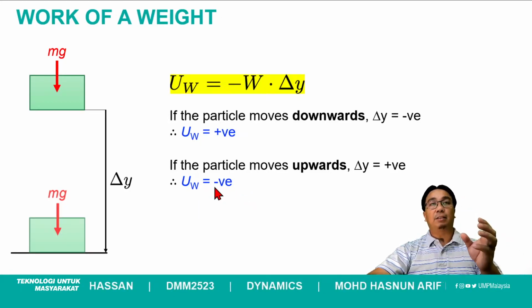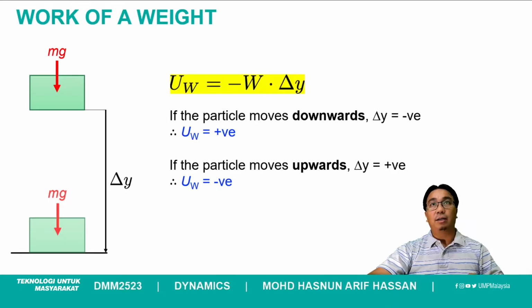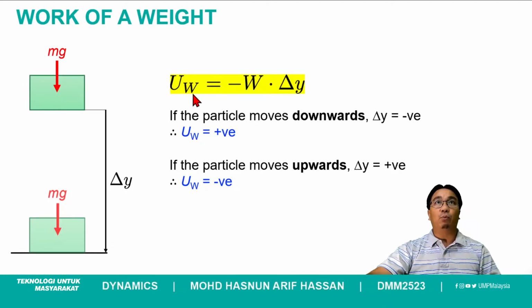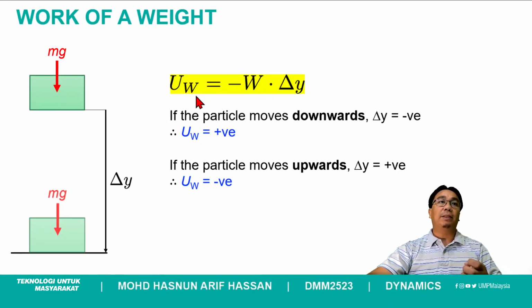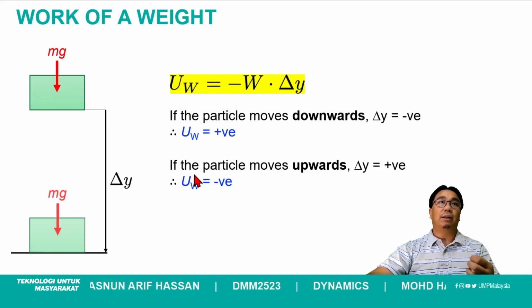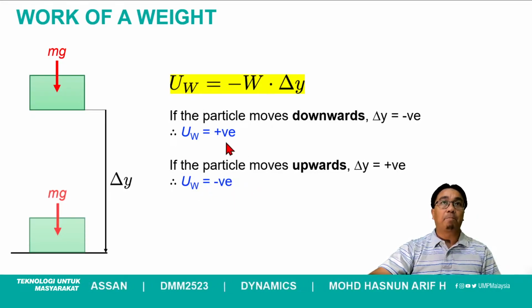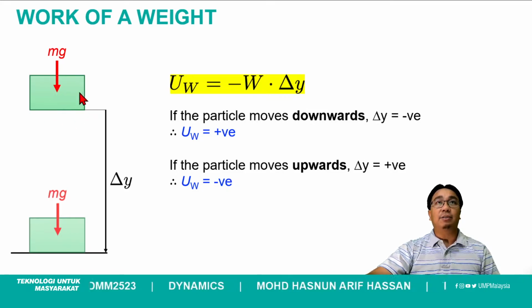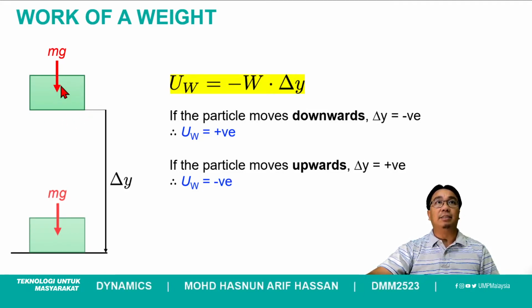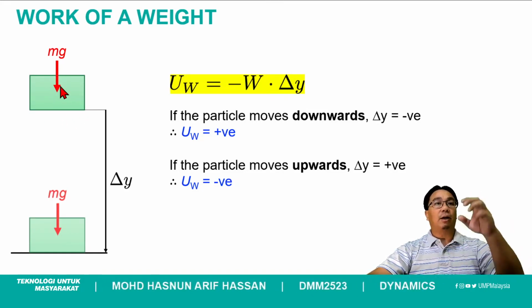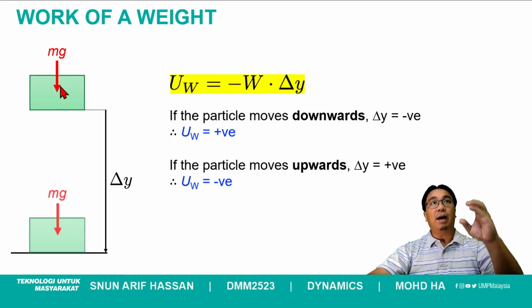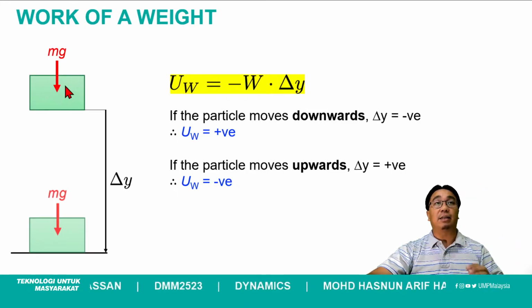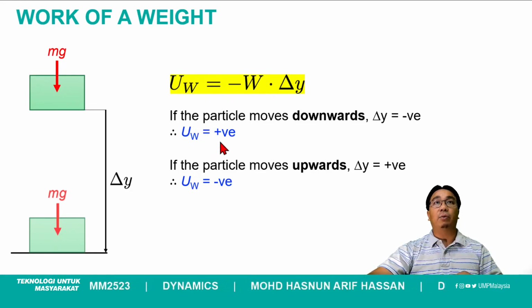Kalau partikel ataupun objek itu bergerak ke bawah, work done by weight is positive. Kalau partikel itu bergerak ke atas, work done by weight akan jadi negatif. Kenapa macam ni? Because the gravitational acceleration g is always pointing down. So kalau objek tu bergerak sama arah dengan gravitational acceleration, dengan gravity, work done by weight akan jadi positif lah.